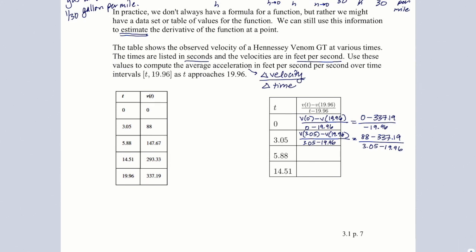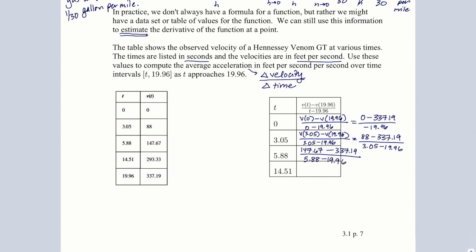The next one is 5.88 seconds, so that's going to be 147.67 minus the velocity at 19.96, which was 337.19, and then we'll have divided by 5.88 minus 19.96.